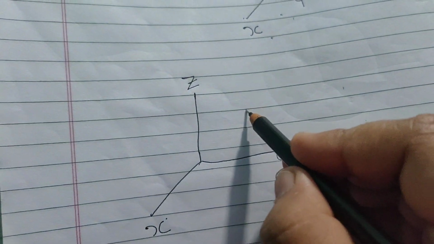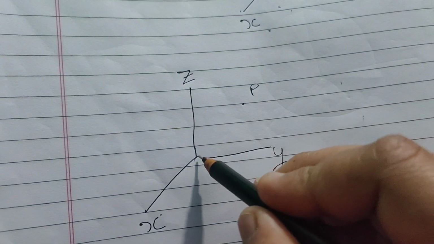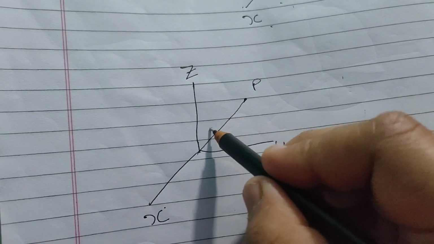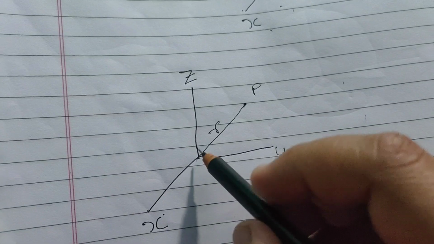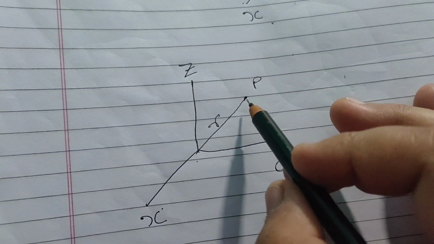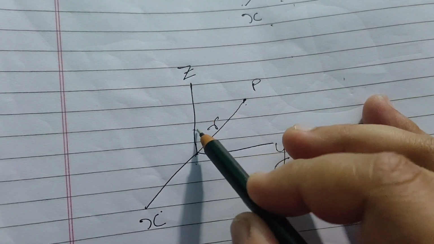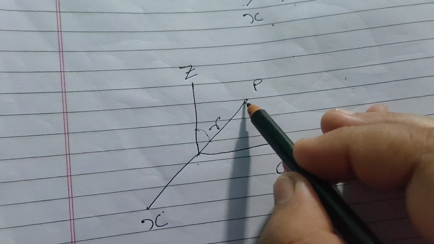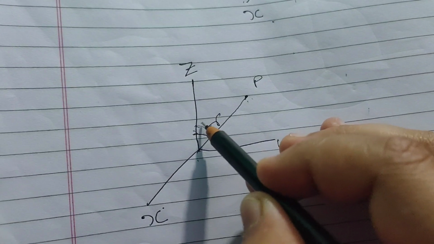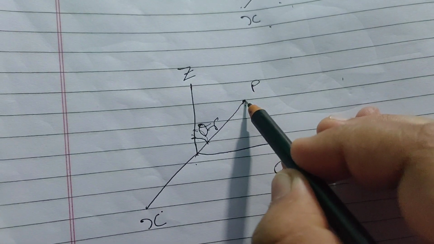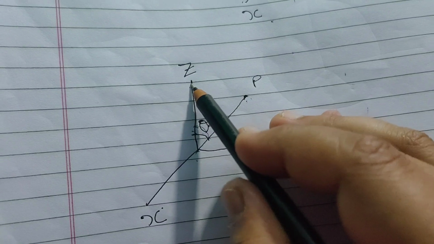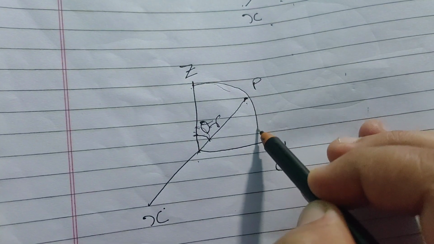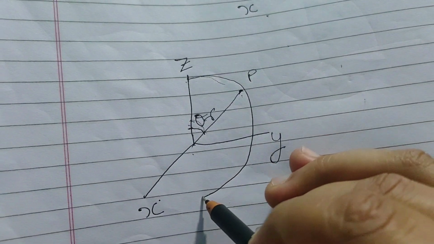Let's assume a point P, and we join that point to the origin, and this is known as r. The limit of r is 0 to infinity. And this is phi. If we rotate that line, this is our theta. If we rotate that line from 0 to 360 degrees, it will be like this.